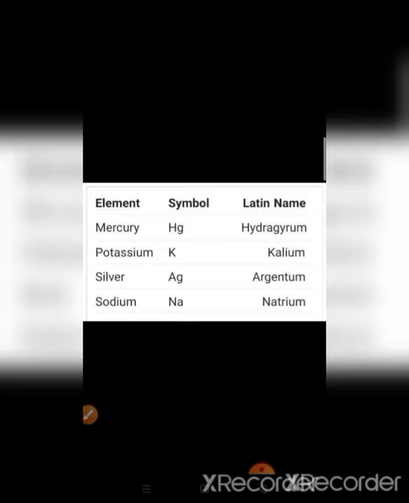Chemical reactions are easy to write with chemical symbols rather than lengthy chemical names. Just like sodium plus water gives sodium hydroxide. Symbolic representation is easy. Many scientists have devised several methods of symbolic representation.